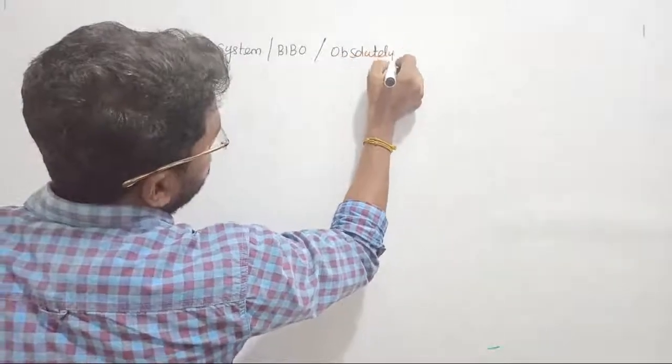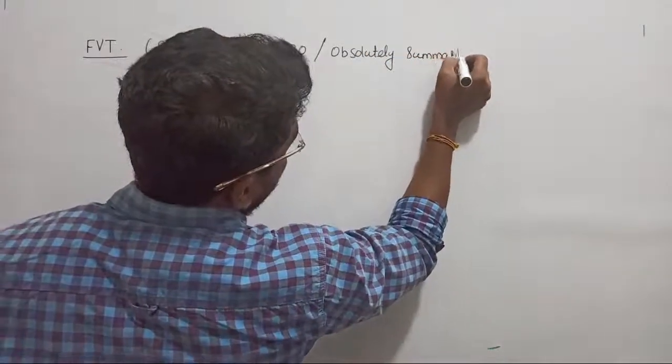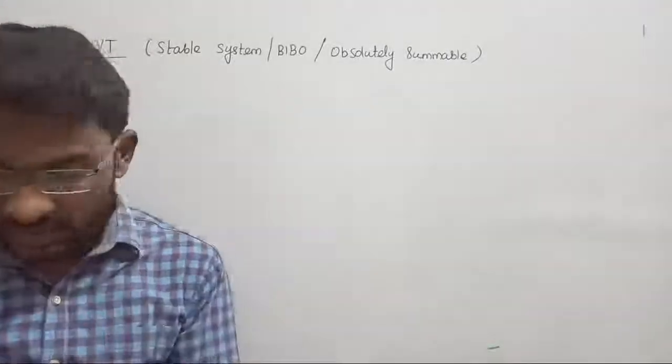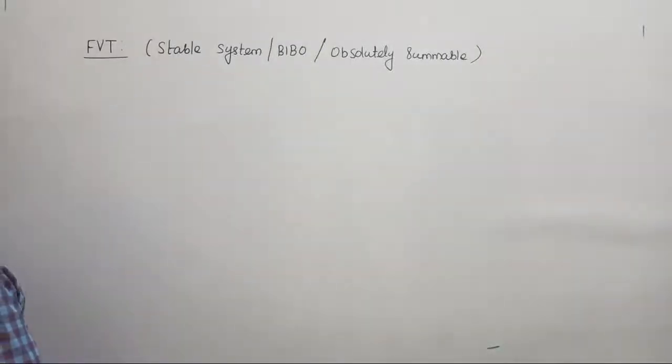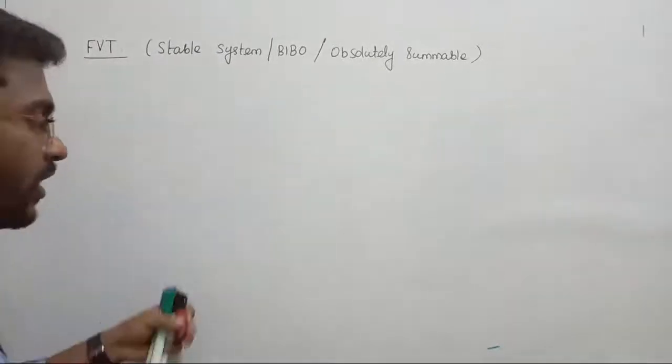If your system values are absolutely summable in the discrete domain, that is the condition. If any system satisfies this condition, then we can apply the final value theorem for that function. So let us write the final value theorem formula.